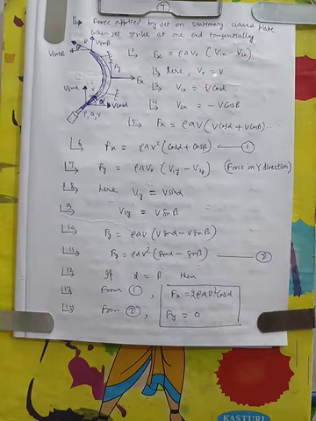And here Vr is equal to V because the plate is stationary, so the relative velocity is V, the velocity of the jet. We have to find the force in x direction, so we will calculate the velocity along x direction.